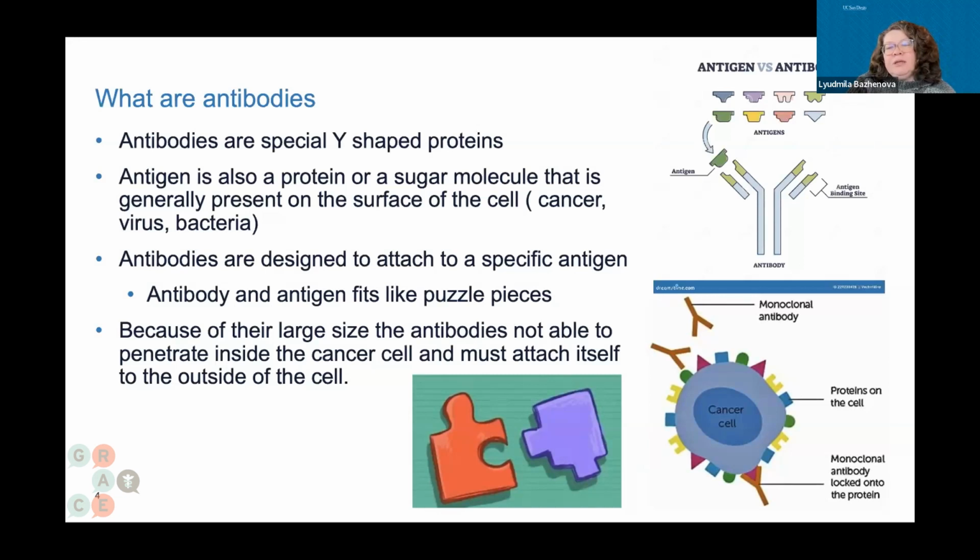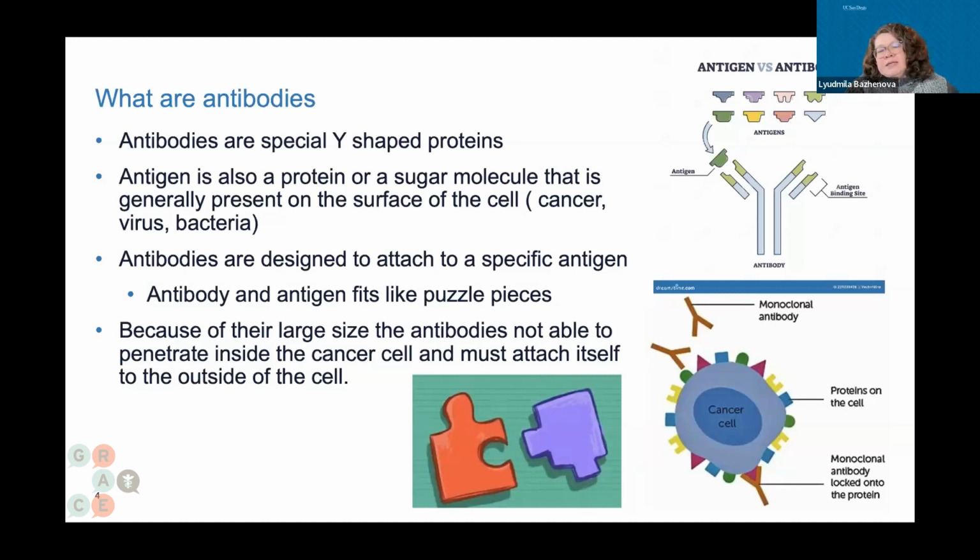For example, at the top of my slide, you see that there are different antigens, different colors, different shapes. This antibody will only attach to a green antigen, and will not attach to yellow or purple or blue because it is not designed to do so. Then, for example, at the bottom right corner, you see a cancer cell, and on the surface of the cancer cell there are different antigens, like red, green, and blue, and they're square, semi-oval, and triangle.